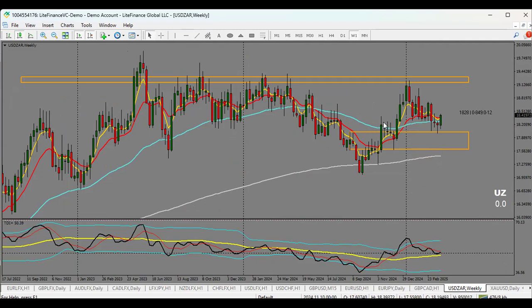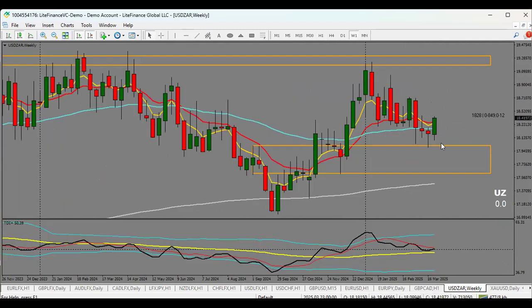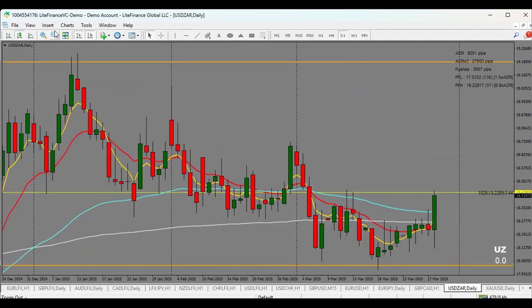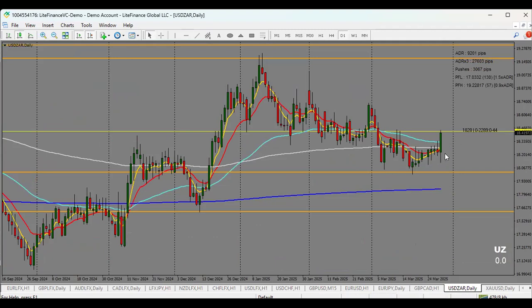So like 1, 2, and here we had 1, 2, 3, and the market is now bouncing to reverse. Okay, so last week's candle close is very good, showing a strong bullish momentum that we will capitalize on and take our buys.